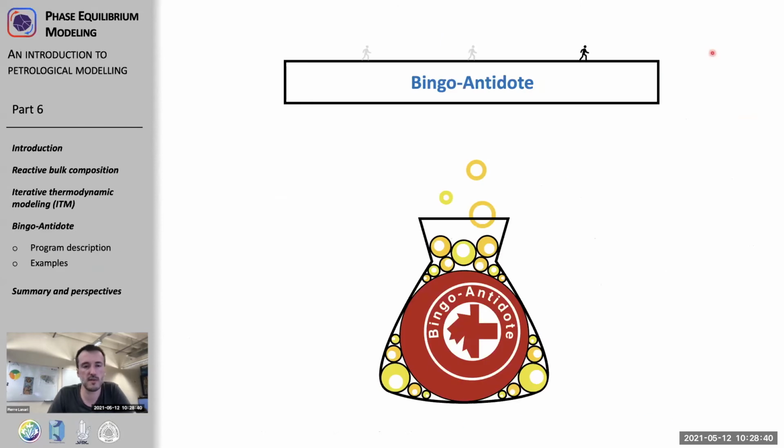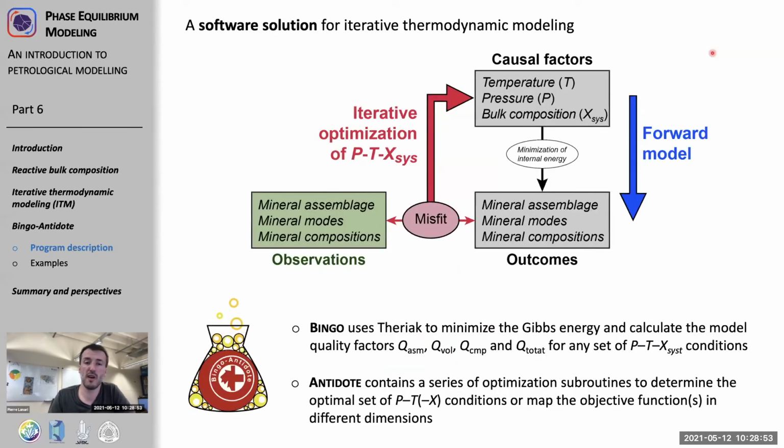So the third part of this presentation is about Bingo-Antidote, and I want to quickly show you a quite simple example of how Bingo-Antidote works. Bingo-Antidote is a program to run this kind of iterative thermodynamic models. And it's made of two parts. Bingo, the first part, uses Theriak to minimize the Gibbs free energy for any set of pressure, temperature, and the local bulk composition.